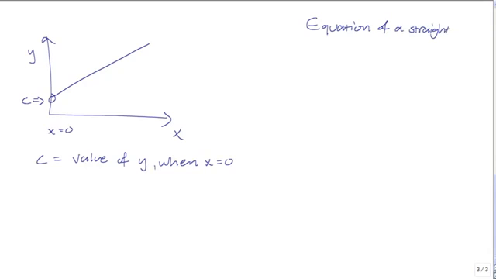Now the equation of a straight line states that y, the value of your parameter on your y-axis, at any point is equal to a constant, m, times the value of x at that same point, plus c. y is your y-axis variable, x is your x-axis variable.